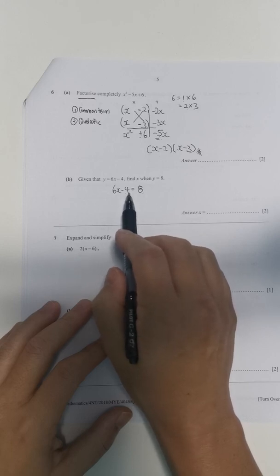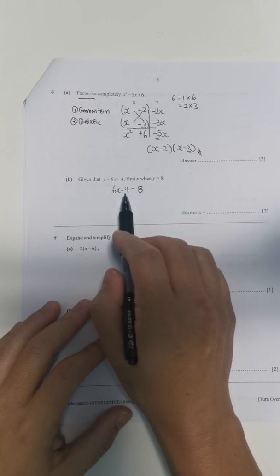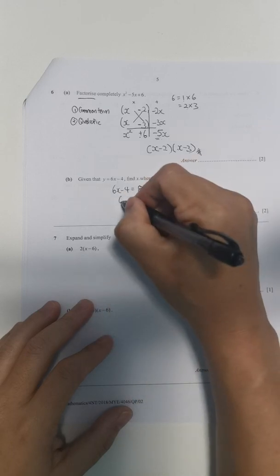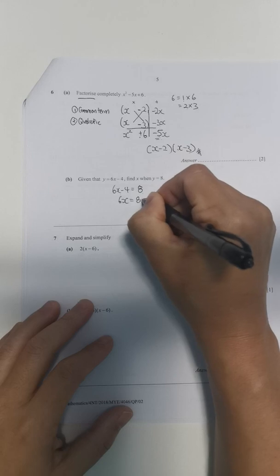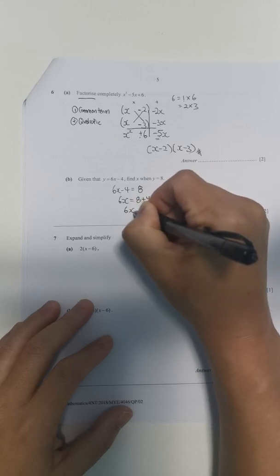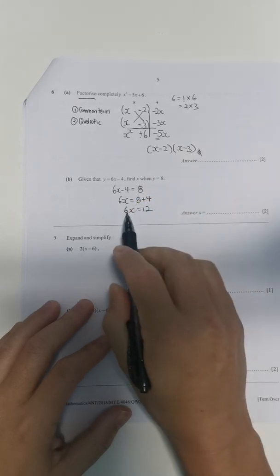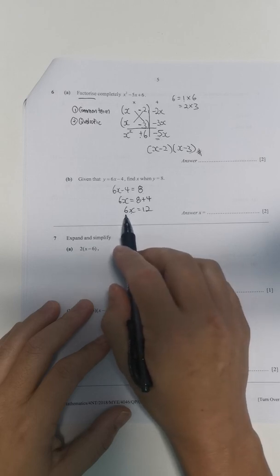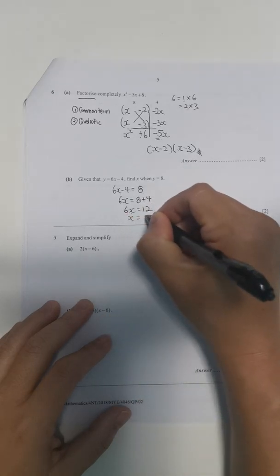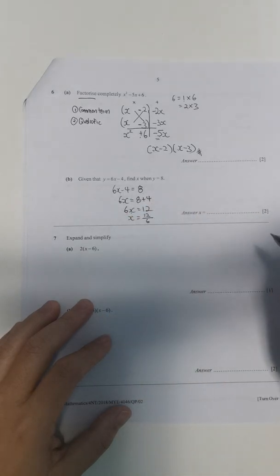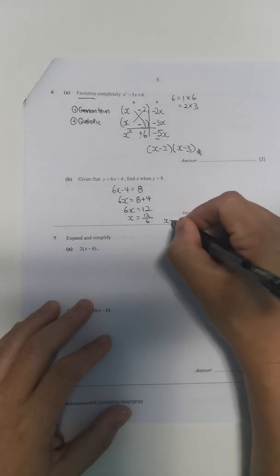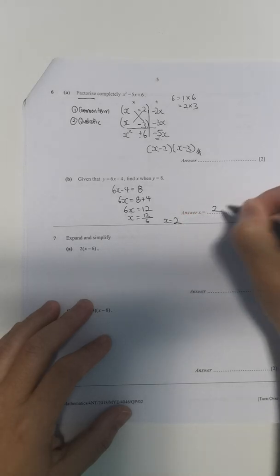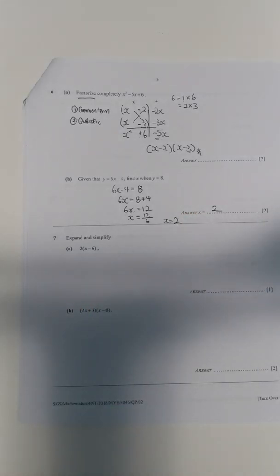To eliminate negative 4, we need to add 4 on both sides. So 6x equals 8 plus 4. Simplify first. And I want to eliminate my 6. Since this is multiplied by 6, I need to divide by 6 to eliminate my 6. So 6 brought over becomes divide by 6. So our x equals 2. This is solving of linear equations.